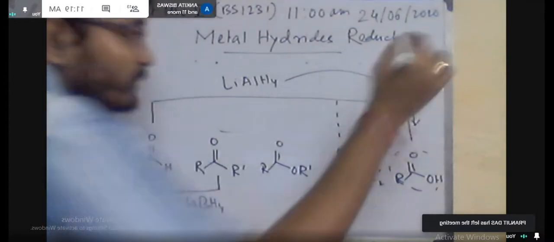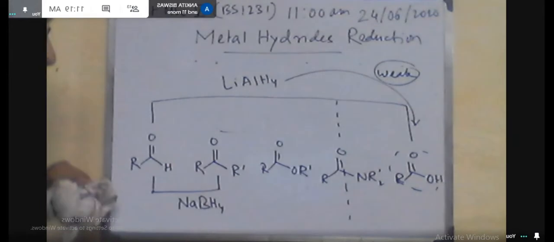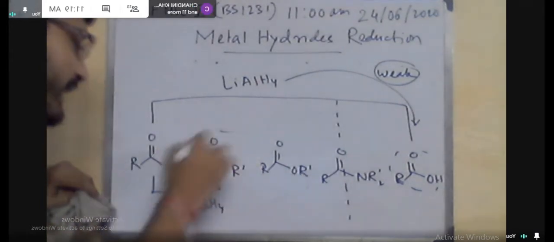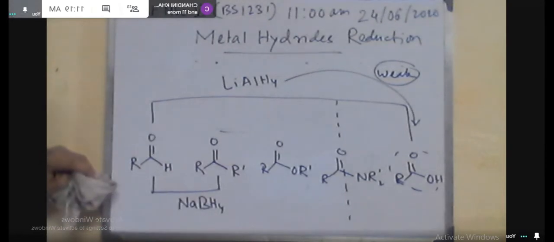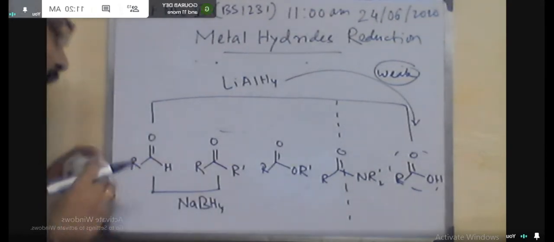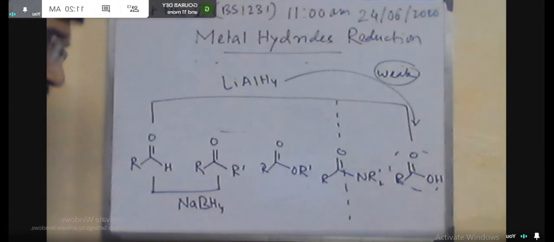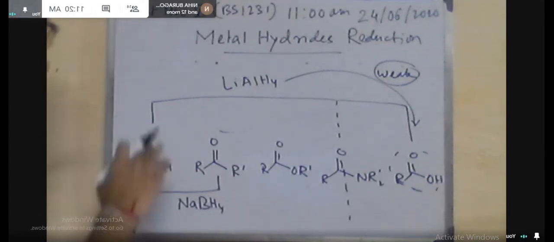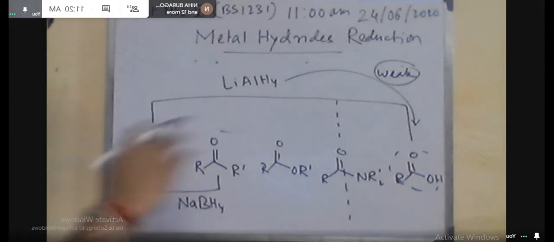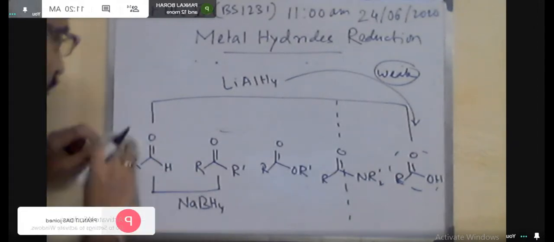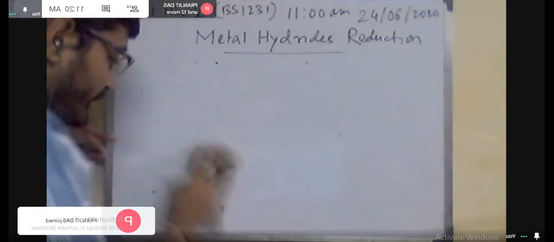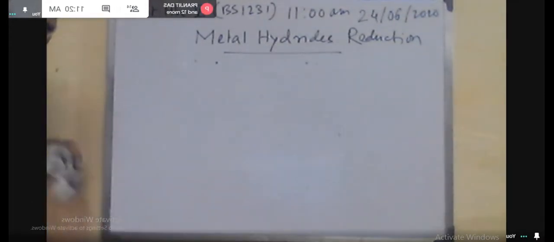So for example, like R prime, if you use sodium borohydride in presence of ethanol, it will be reduced to OH R prime H. So that means 2-degree alcohol.